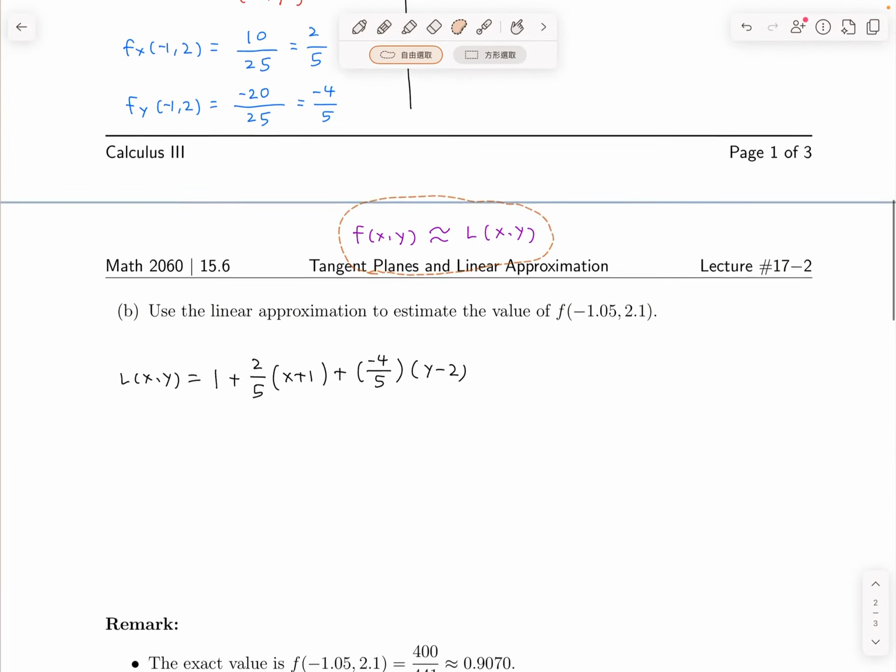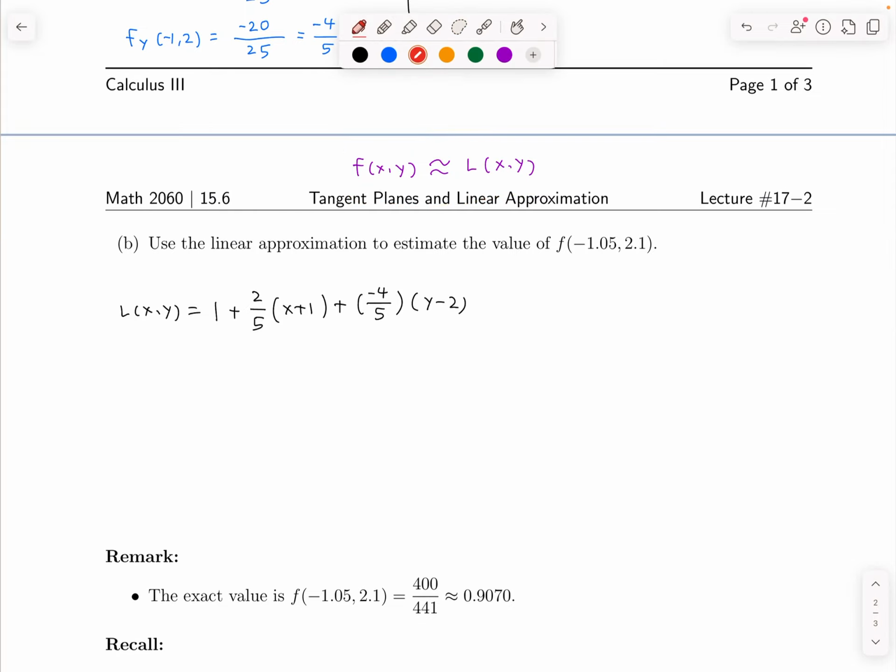This is the whole idea for your linear approximation. You want to approximate something. So our f of (-1.05, 2.1) is approximately equal to L of (-1.05, 2.1).